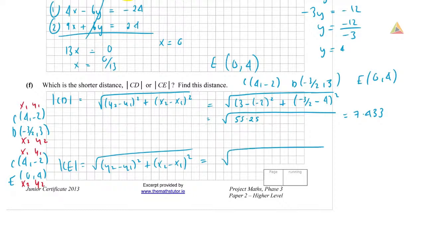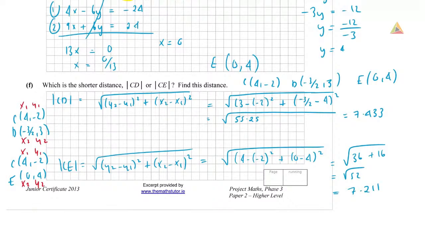So y2, which is 4, minus y1, which is minus 2, squared, plus x2, which is 0, minus x1, which is 4, squared. 4 minus minus 2 is 4 plus 2, so 6 squared is 36. Then minus 4 squared is 16, so 36 plus 16. That's the square root of 52. When you put that into the calculator, you get 7.211.